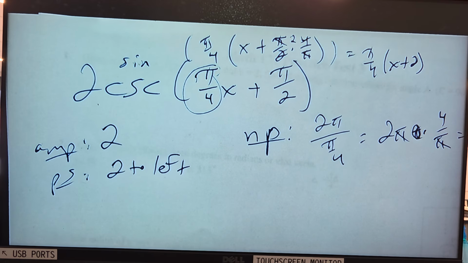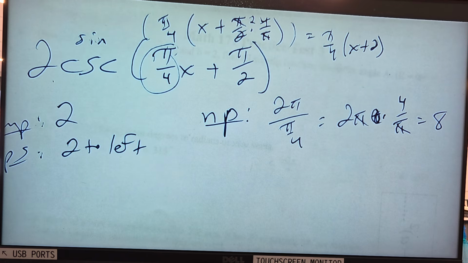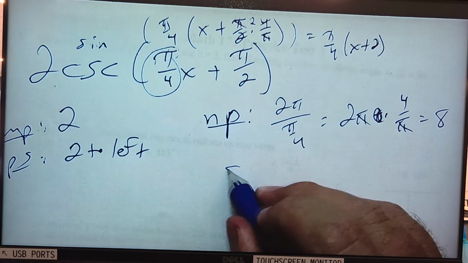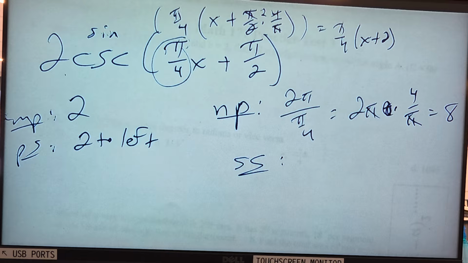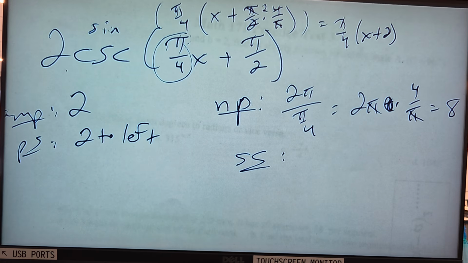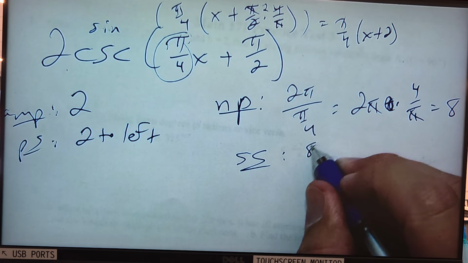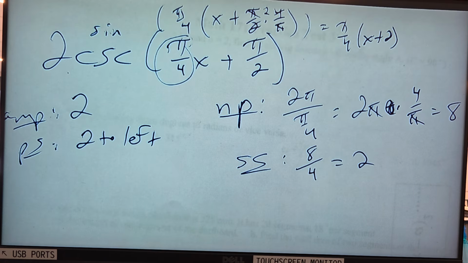Pi's cancel. 2 times 4 is 8. What's my step size? How far do I have to go to fit a cycle in? 8. And how many steps are we going to take? 4. So my step size is 2.